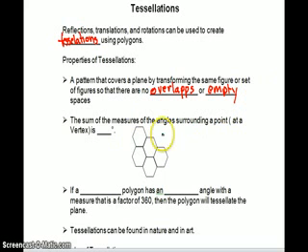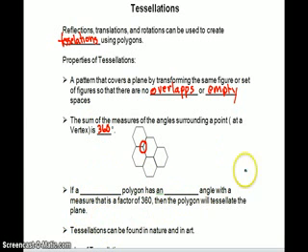Okay. This right here is an example of a tessellation, and these are all hexagons, so they're tessellating right there. The sum of the measures of the angles surrounding any point at a vertex, for instance right here, draw a circle around it, you know they all have to add up to 360 degrees. Okay?